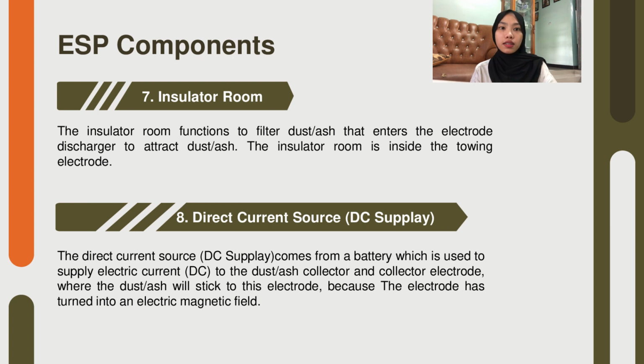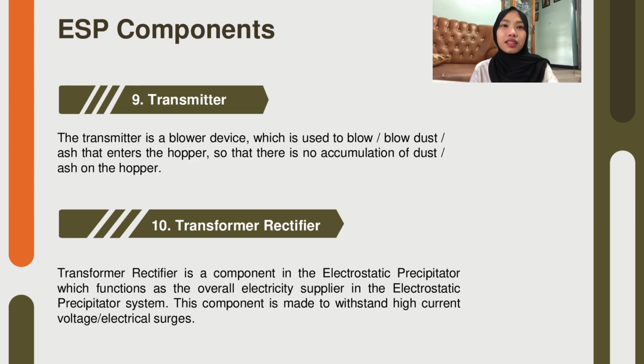The dust or ash will stick to this electrode because the electrode has turned into an electric magnetic field. The next is the transmitter. The transmitter is a blower device which is used to blow dust or ash that enters the hopper so that there is no accumulation of dust or ash in the hopper.